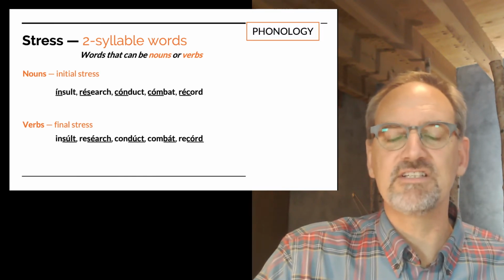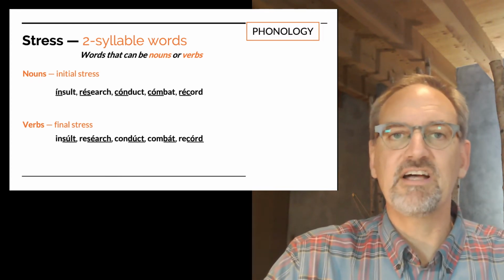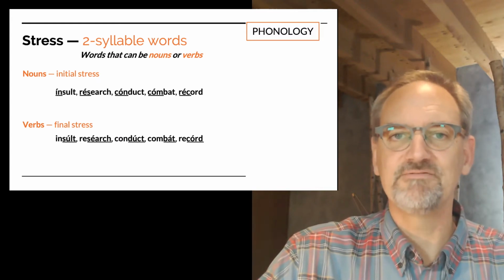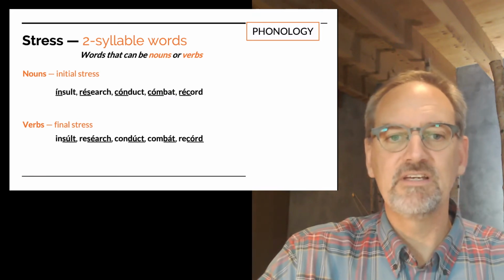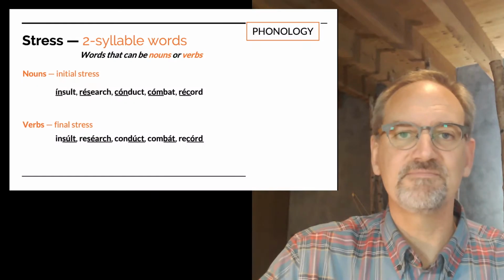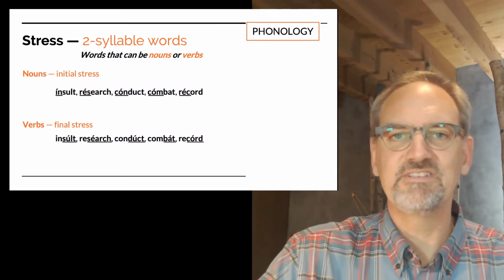And sometimes that causes a slight difference in the vowel pronunciation because of the effects of vowel reduction on the unstressed syllable. Right? A different syllable is now the unstressed syllable. So rather than insult, the verb is insult. The noun, insult. The verb, insult.